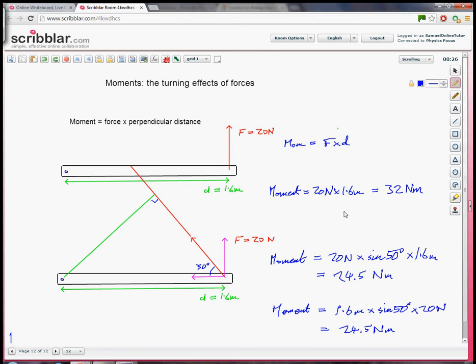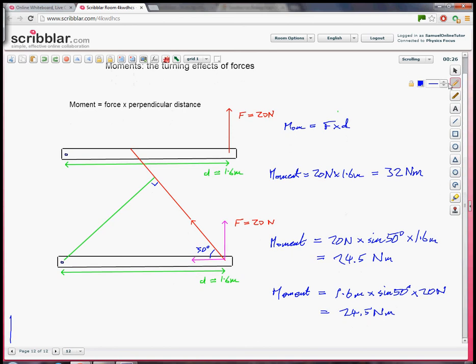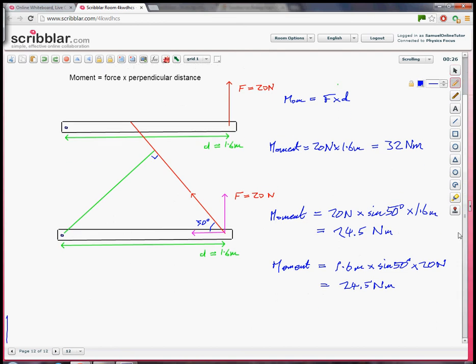Right. So in short, to summarise, if you want a general formula for a moment, it is this.